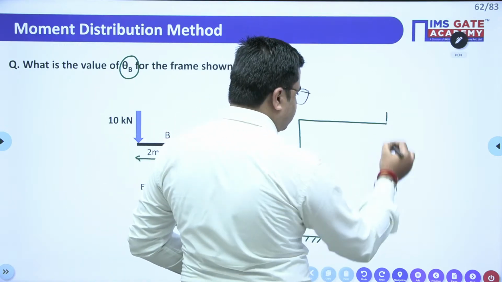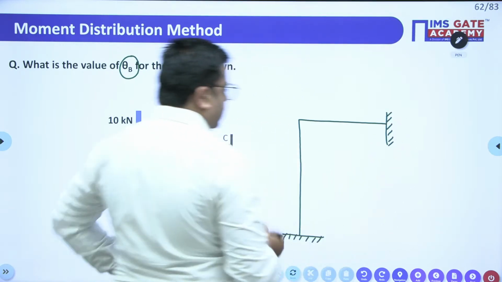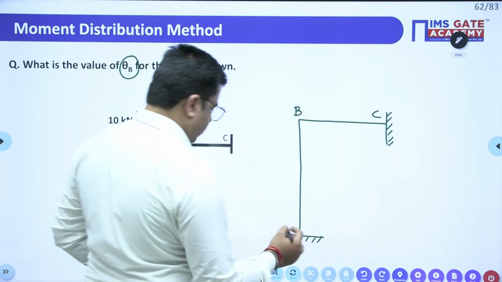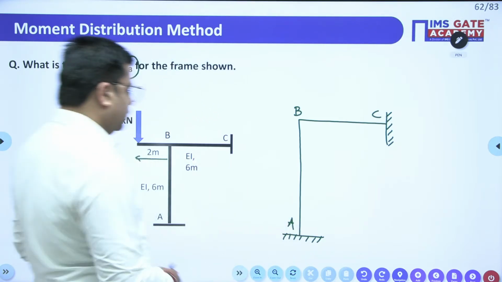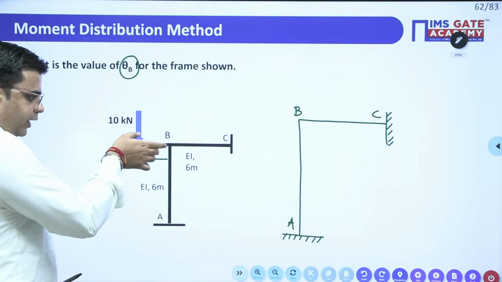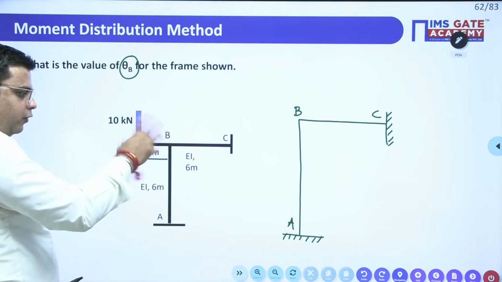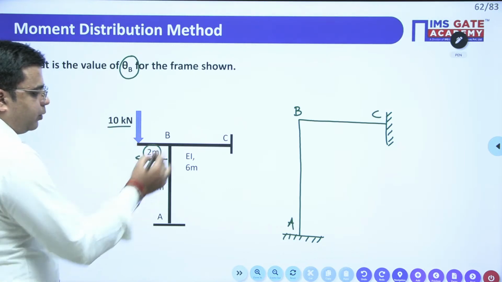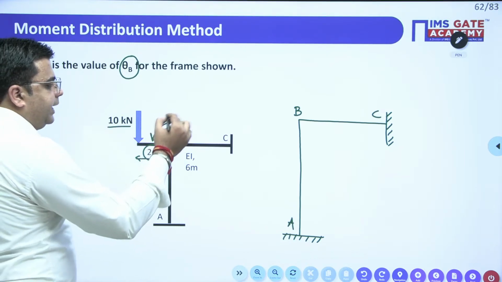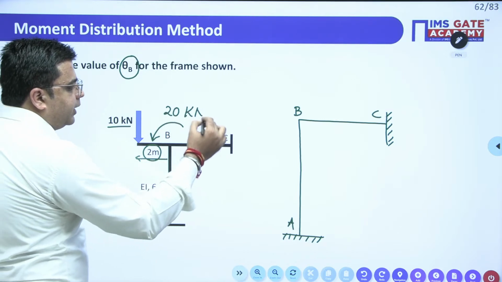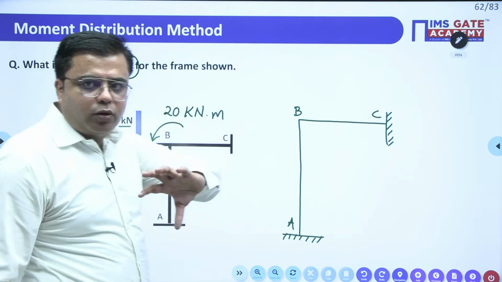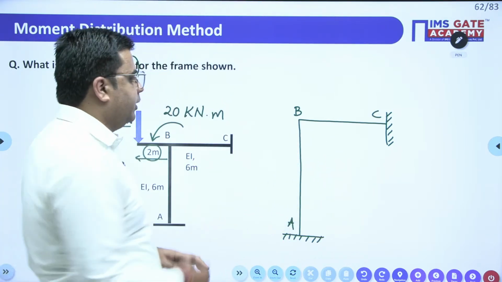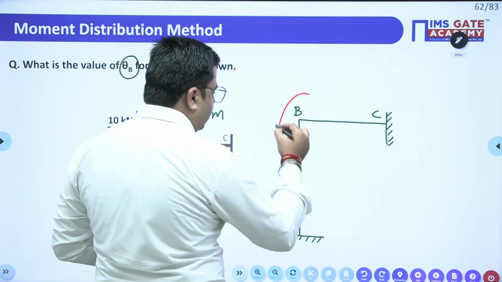This extended arm will provide a moment of 20 kilonewton meter over this joint, and due to this moment, the rotation of this joint B will happen.